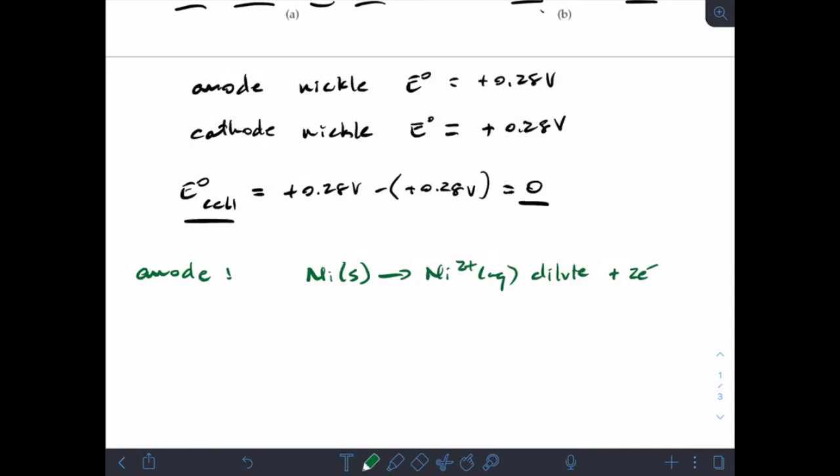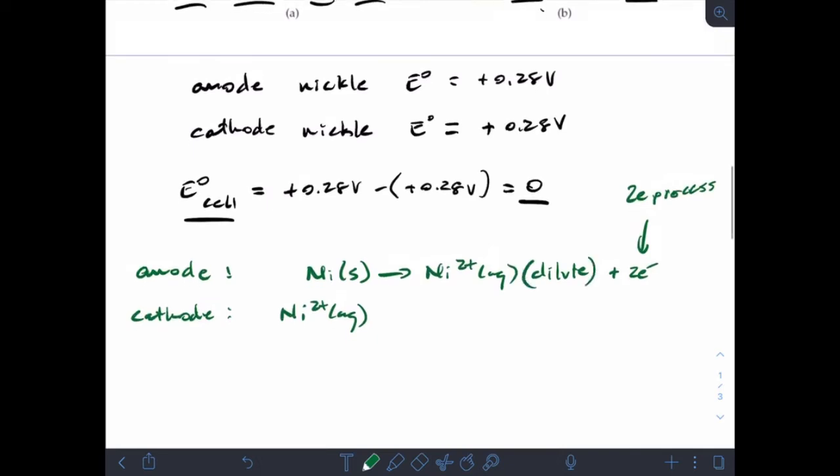Notice this is a 2 electron process. And on the cathode side, I'm going to have the reduction. So I'll have the nickel 2 plus, concentrated, plus 2 electrons going to nickel solid.